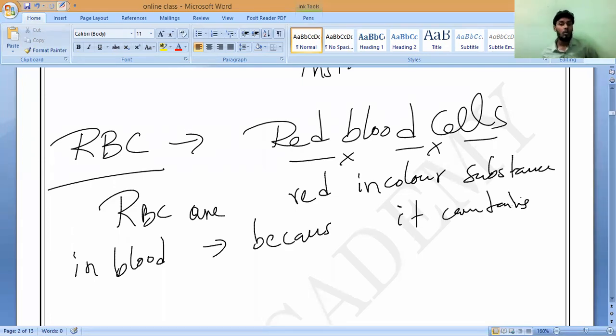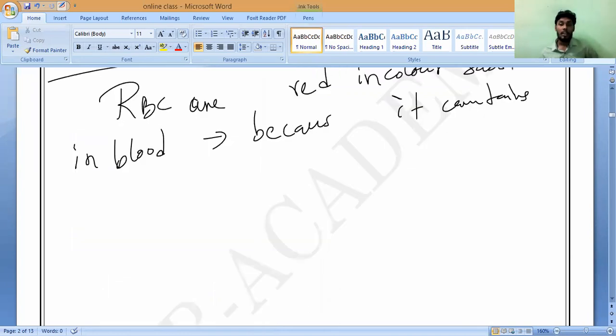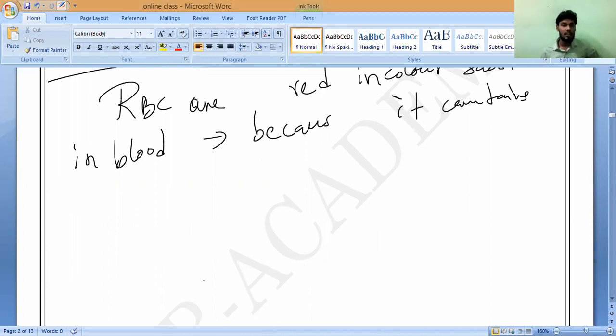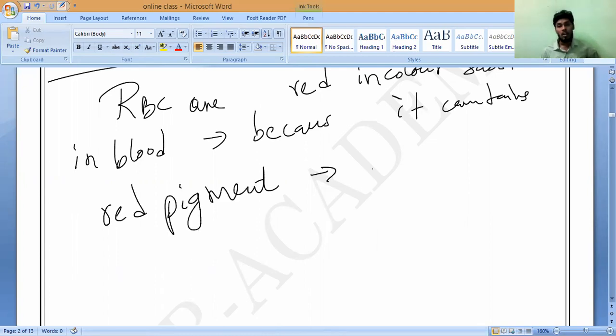It contains a red pigment called hemoglobin. That is what I am expecting from you all. Because of the presence of a red pigment called hemoglobin. Understanding?